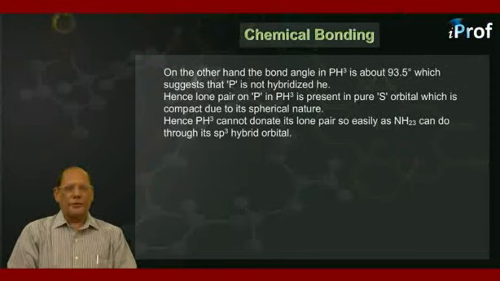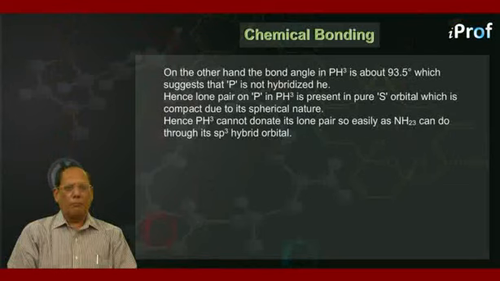On the other hand, the bond angle in PH3 is about 93.5 degree, which suggests that the phosphorus atom is not hybridized here.